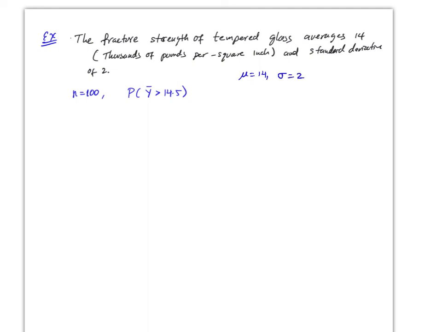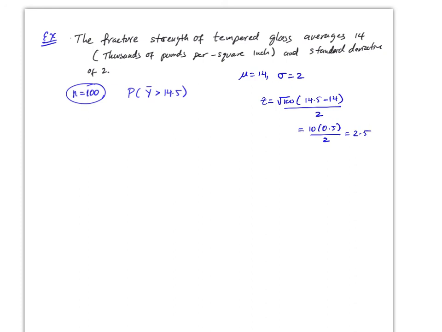Let's say that you have a sample of 100, and you want to find the probability that the sample mean, or y bar, will be more than 14.5. So z will be the square root of 100 times 14.5 minus 14 divided by 2. So in this case, it will be 10 times 0.5 divided by 2. So this is 5 times 0.5, which is 2.5.